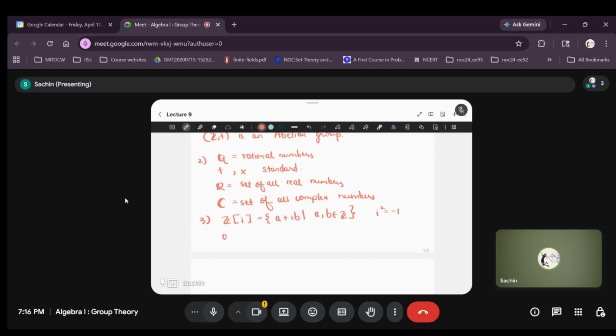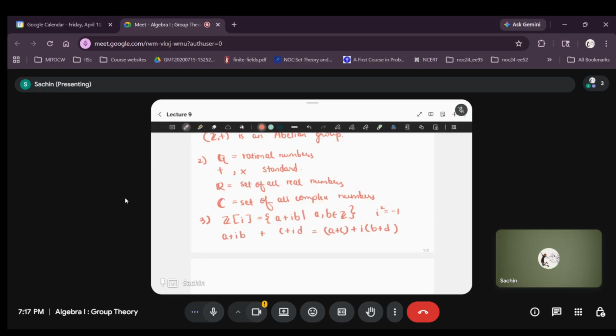Here, if you add a plus ib plus c plus id, you'll get a plus c plus i times b plus d. If a plus ib is in Z of i, that means a and b are integers. And c plus id is in Z of i means c and d are integers. Then a plus c is an integer and b plus d is an integer. So you get a number of the form a plus ib where a and b are integers. So this addition is closed.